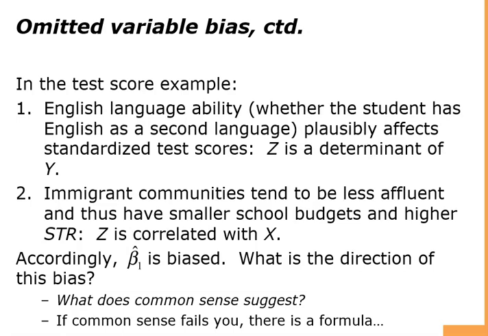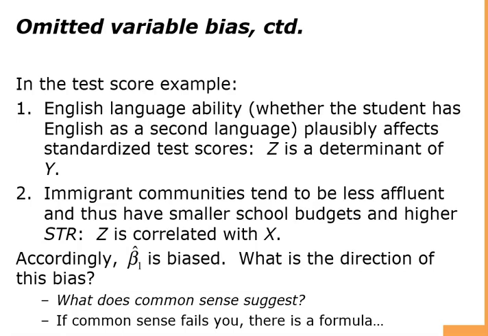In this example, the English language ability will possibly have an effect on the standardized test scores. Now, why is that the case? It's simply because since the tests are conducted in English language, if you have a higher ability of English language, it should theoretically have an impact on your test scores.